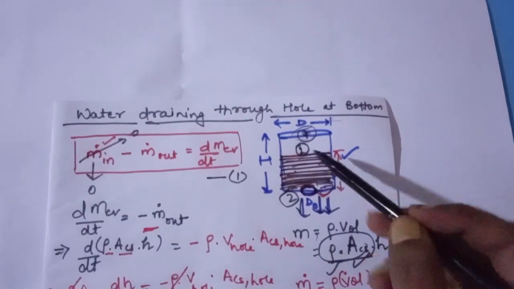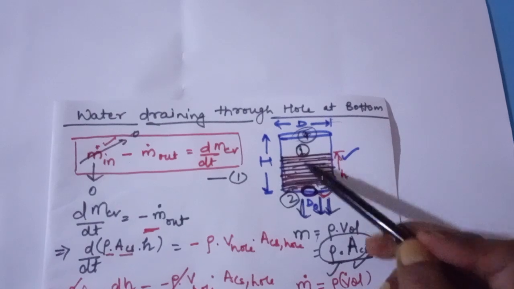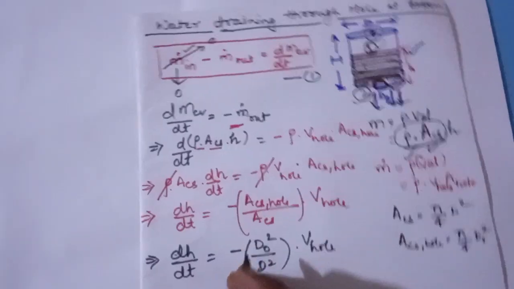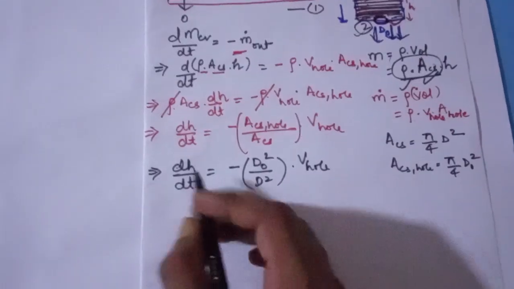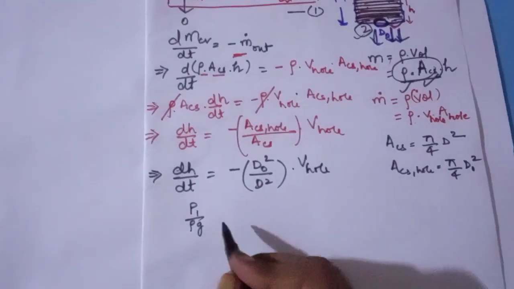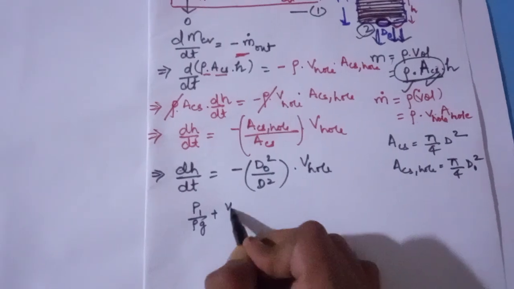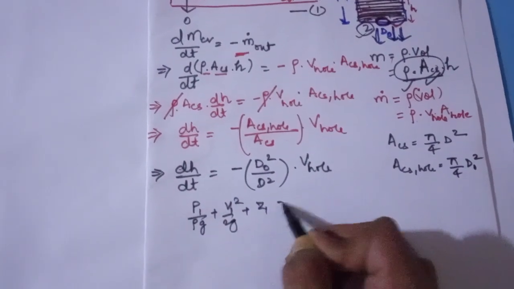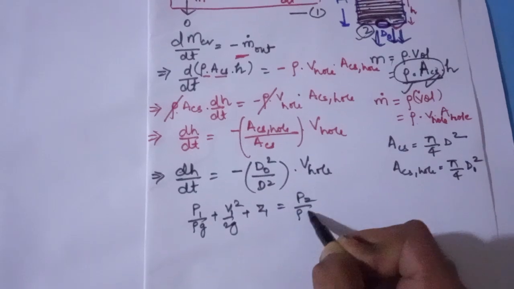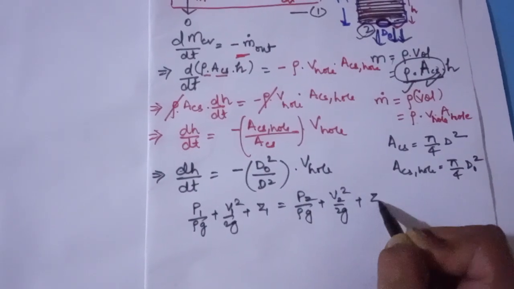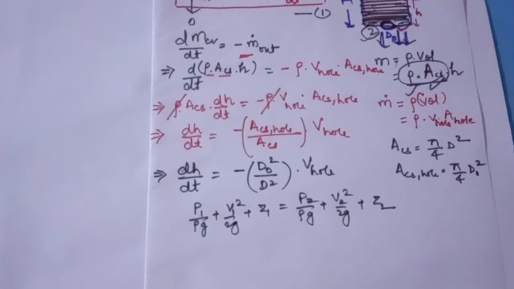So we will apply the Bernoulli equation between these two points, point 1 and point 2. Now we can write the Bernoulli equation as P1 by rho g plus V1 square by 2g plus Z1 is equal to P2 by rho g plus V2 square by 2g plus Z2. So this is our Bernoulli equation.